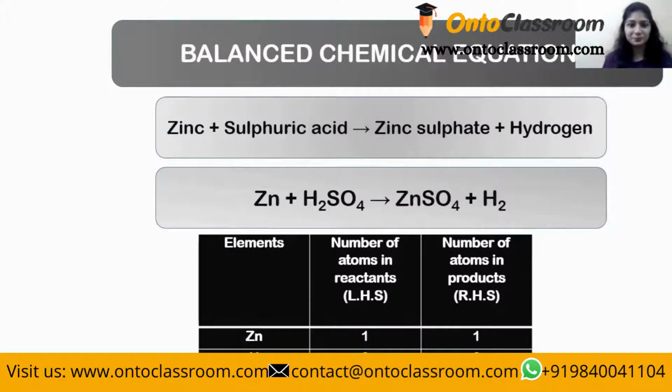In elements, you have zinc, hydrogen, sulfur, and oxygen. These are the only 4 elements which are reacting, and these are the only 4 elements in the products, correct? Because here also you have zinc, sulfur, oxygen, and hydrogen. Don't look at the numbers right now. Let's see what the elements are.